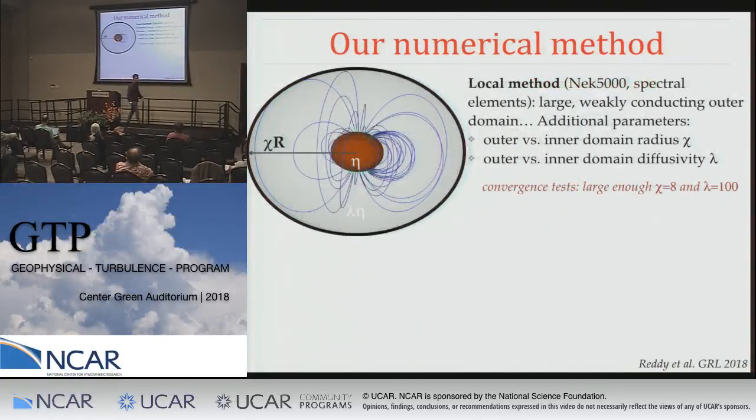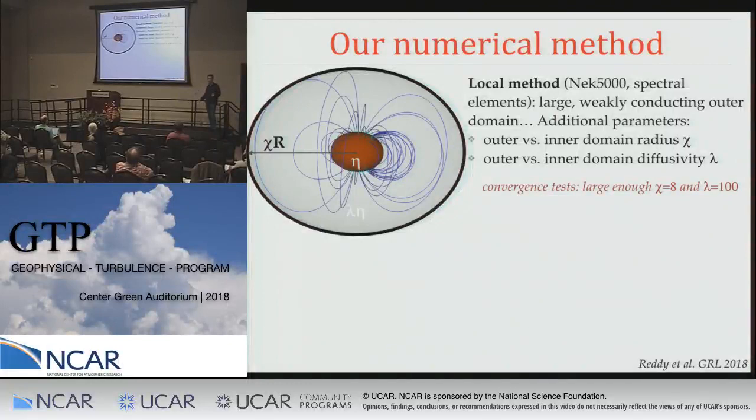And to do that, we have used a numerical method, Nek5000, that you might know, which is based on spectral elements. So we have an ellipsoidal container which is conducting, where we solve both the Navier-Stokes and the induction equation. And since it is a local model, we need local boundary conditions for the magnetic field also.